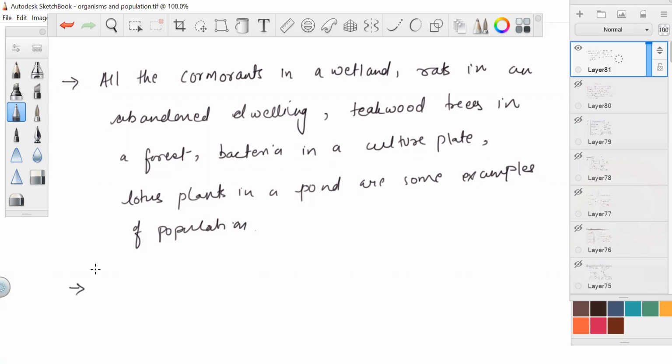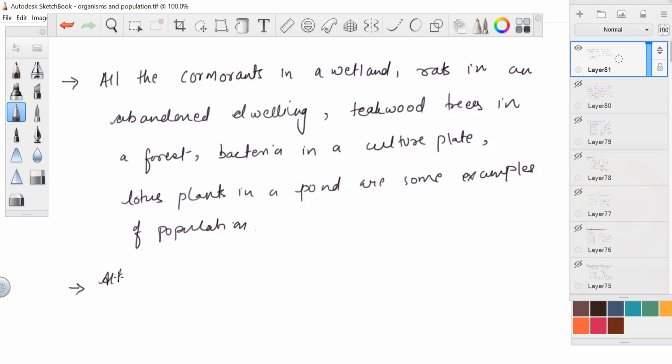Just random examples, and many more you can give. If you take a human population, suppose in any city, humans living in New York City, of a particular species, that will also be a population.